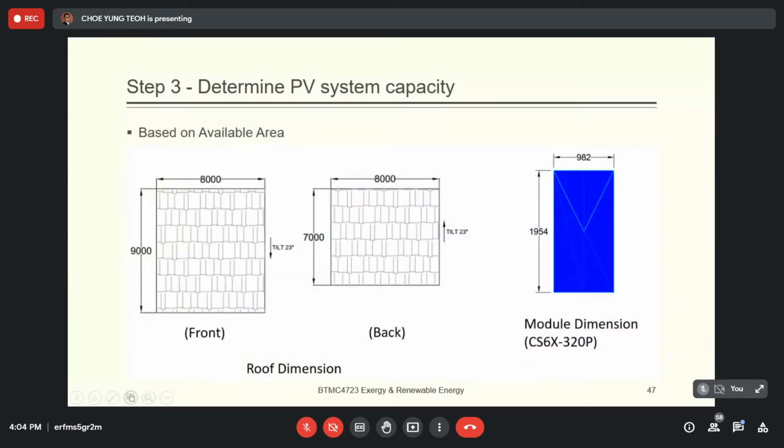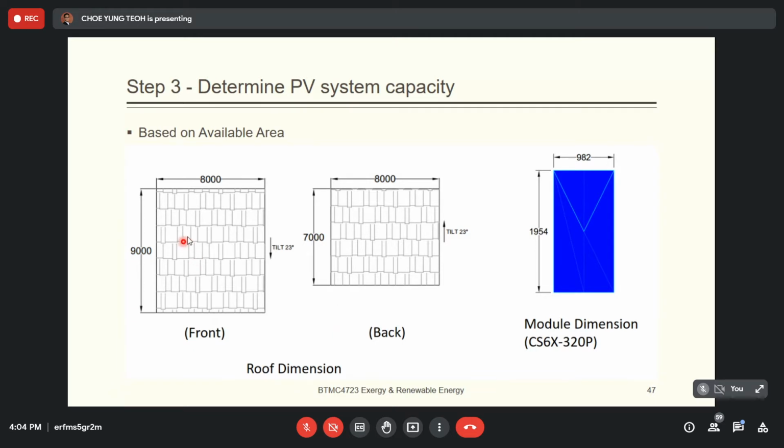To determine the PV capacity, normally we refer to the requirement of space or power output. But in most cases, we will fully utilize the space that we have. For example, based on this rooftop, you have to check how many solar panels you can put in.